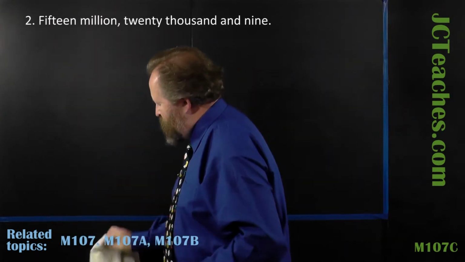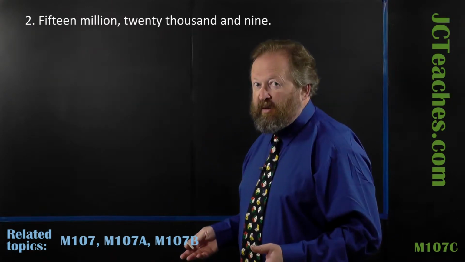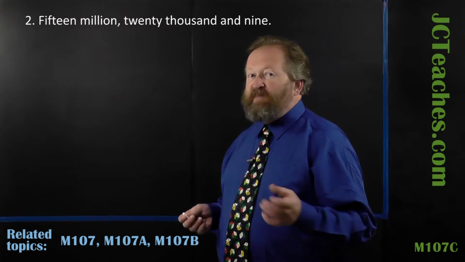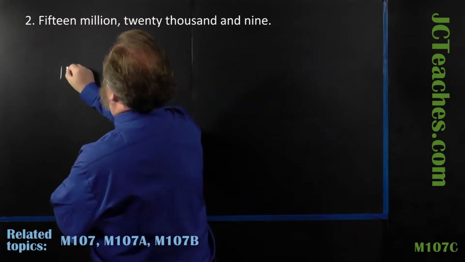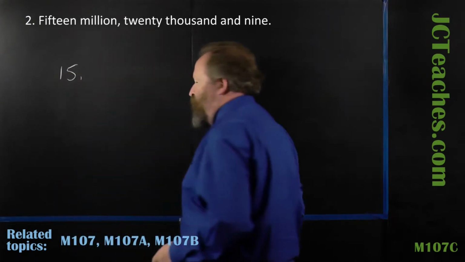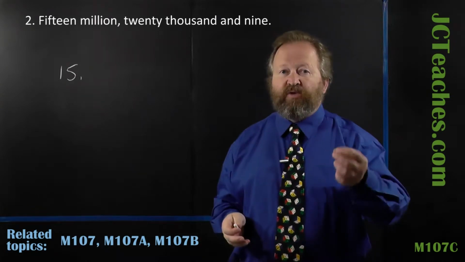Okay, there's number 2. Now, number 2, 15,020,009. Okay, so one or two things missing there. We've got 15 million, so we can start with 15. Easy enough. What comes after million? Thousands. How many thousands have we got? 20.